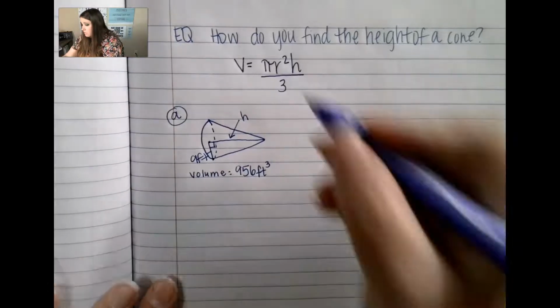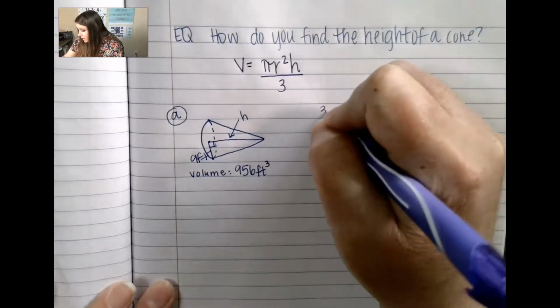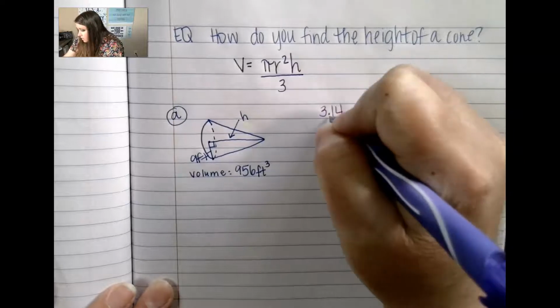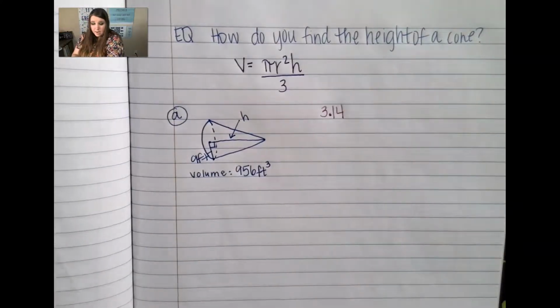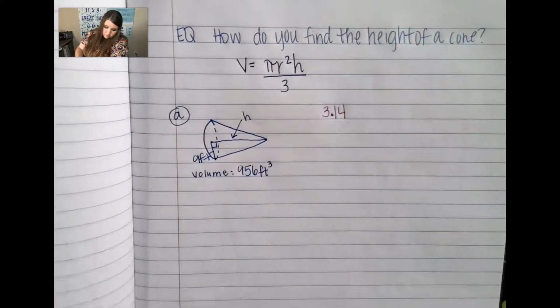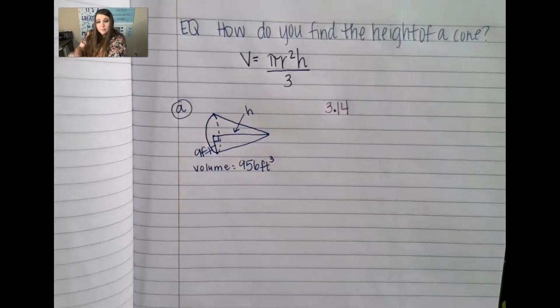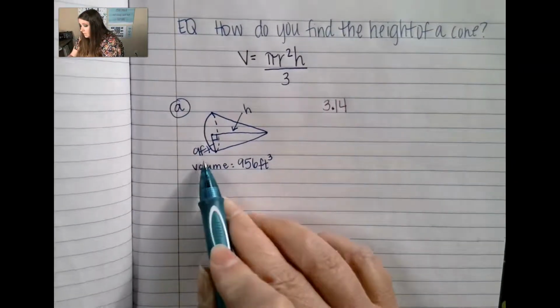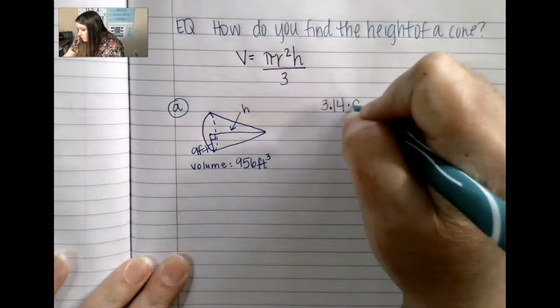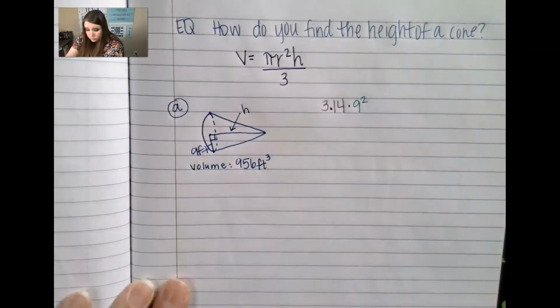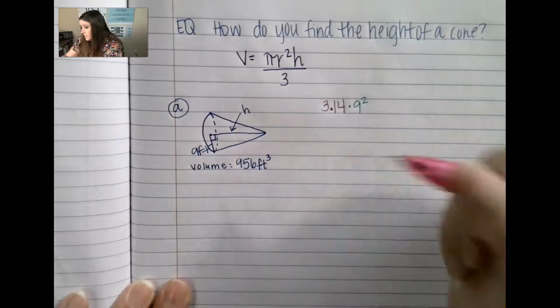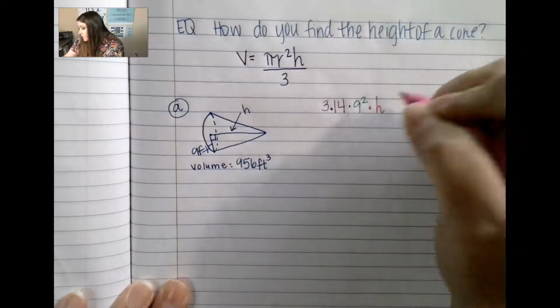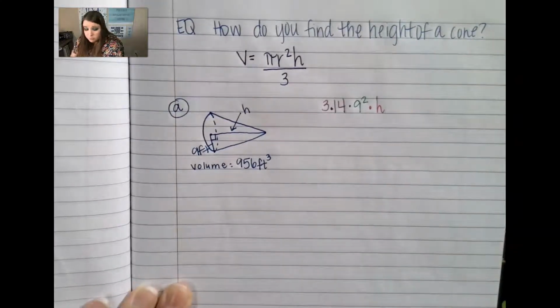So let's go ahead and start with pi. We know that pi equals 3.14. That's what we're using for pi. Our radius happens to be 9 feet, so we're just going to multiply this by 9 squared. We do not know the height, so height is going to be the variable that we are looking for.